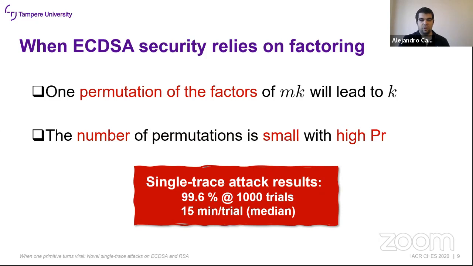After developing all the tooling for the attack, we repeated a single trace around 1,000 trials, obtaining a 99% success rate. The attack time has a median of 15 minutes per trial.